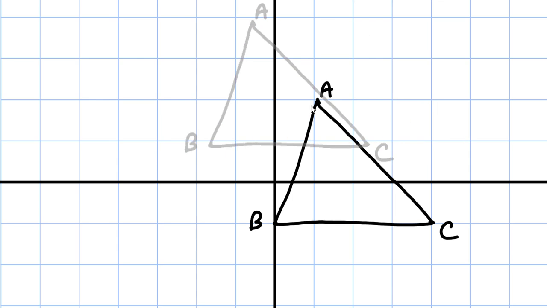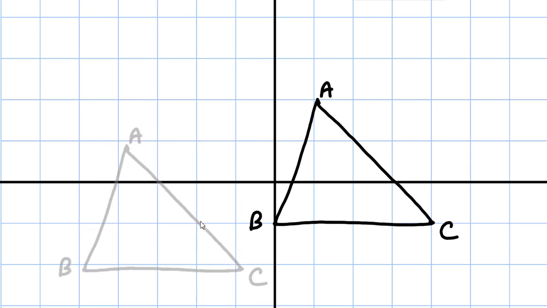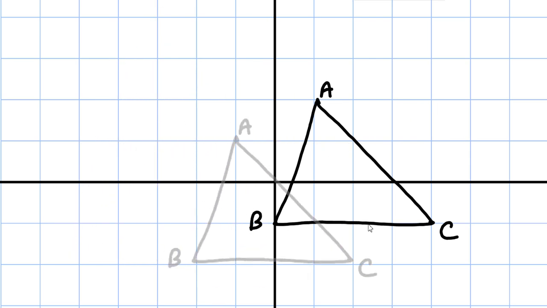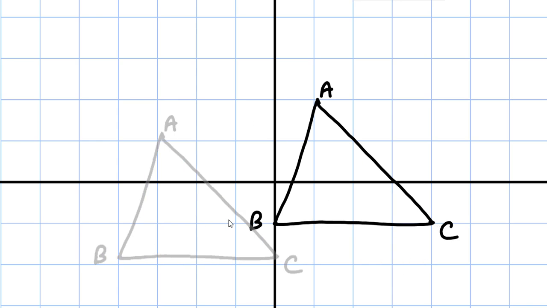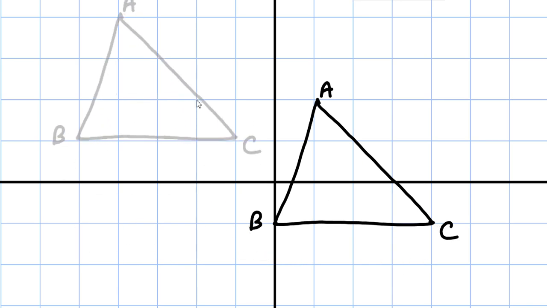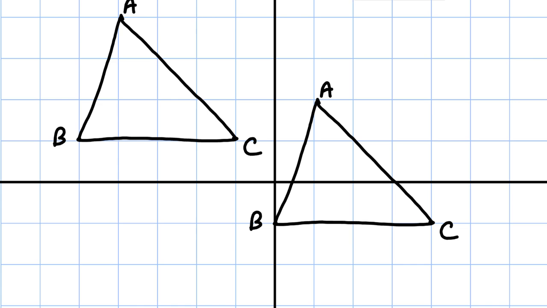It doesn't turn, it's just translated somewhere in the grid. It is slid from one place to another, maybe like so. And when it lands somewhere, we call this A prime and this B prime and this C prime.